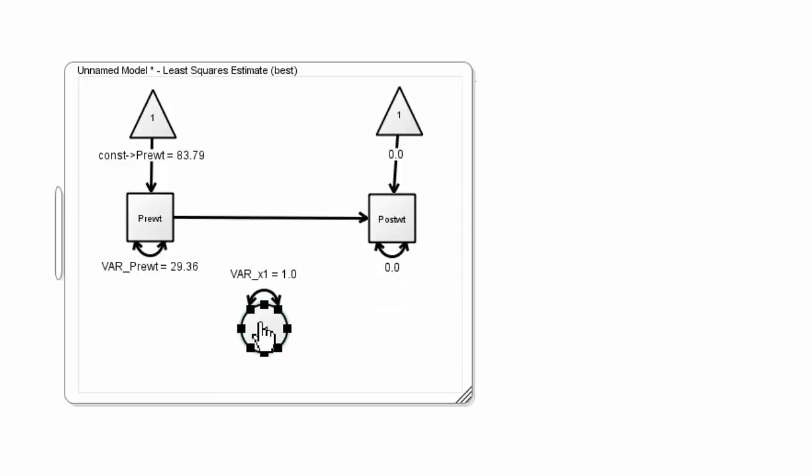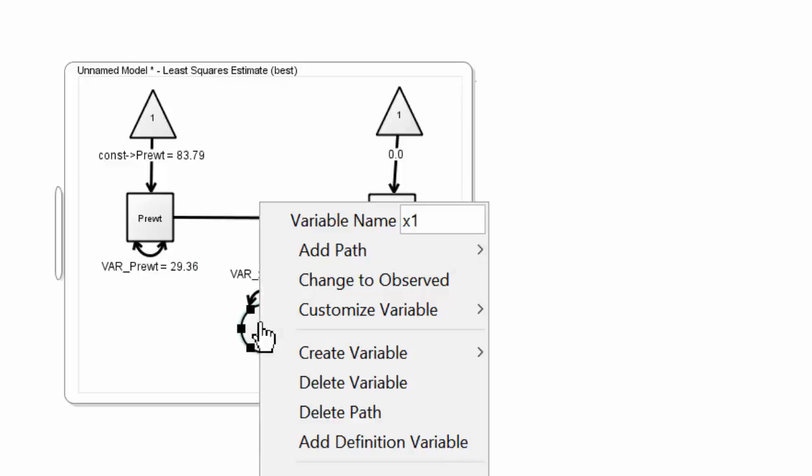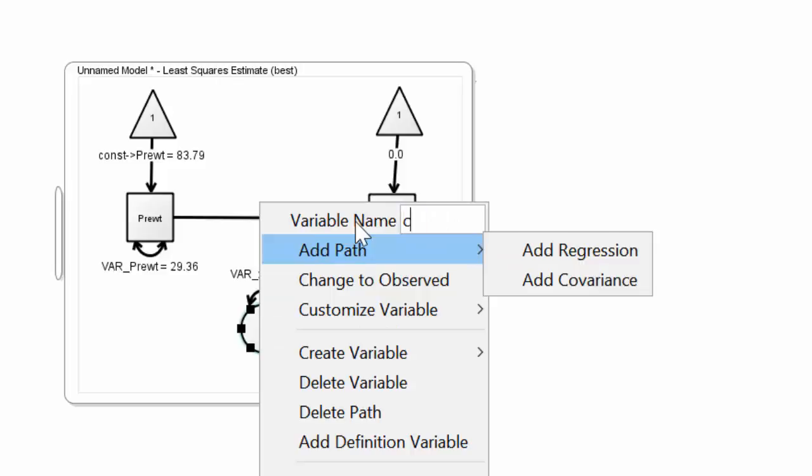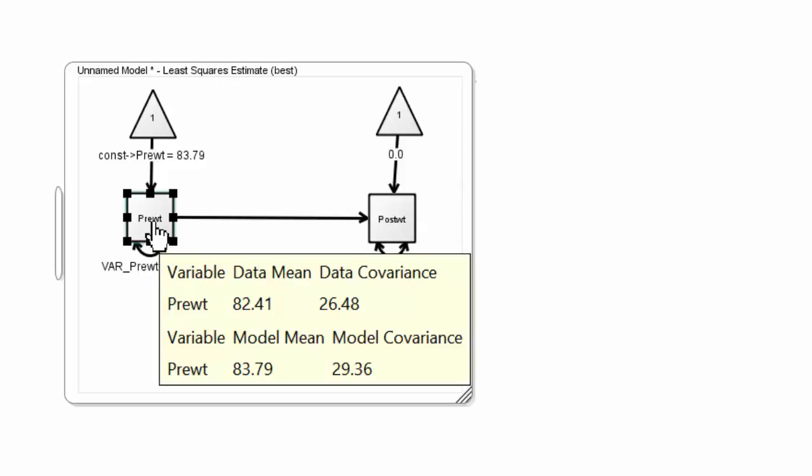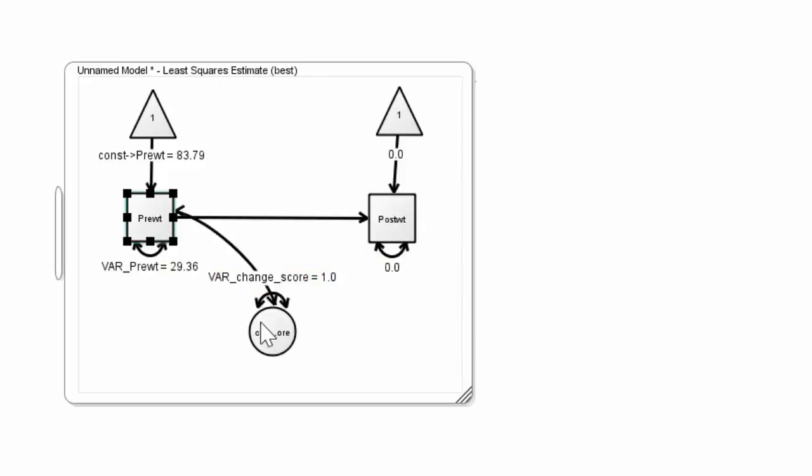So now we want our latent variable, which is in effect the change score, and we want that to have a correlation, so we should press the shift key. Right, there we are.